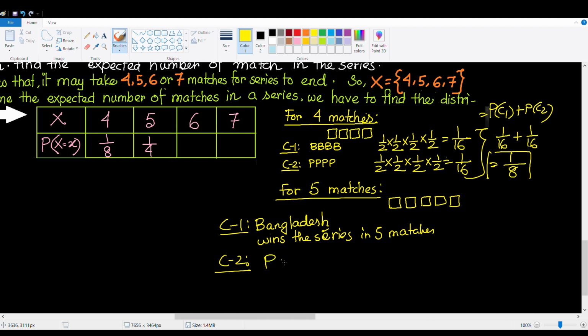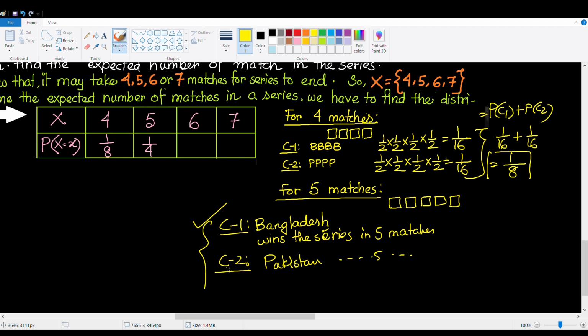And case 2 will be similar for Pakistan. So we know that if we determine the probability of case 1, multiplying the probability by 2 will give us the sum of both of these cases, right? Because both of these probabilities are the same. So we are going to calculate the probability for case 1 first.